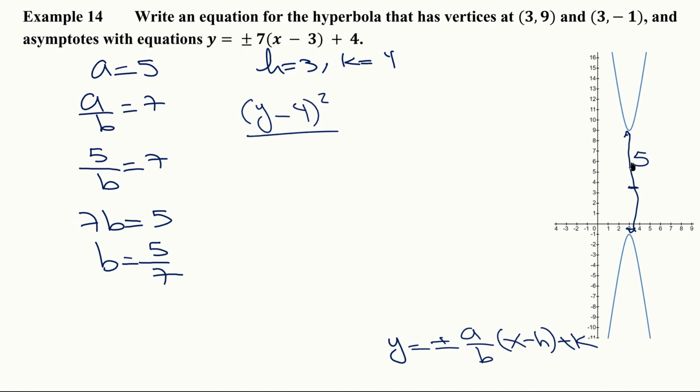So that's going to be 5 squared, which is 25. Minus (x minus h), which is 3, squared over b squared. So b squared is going to be 25 over 49.